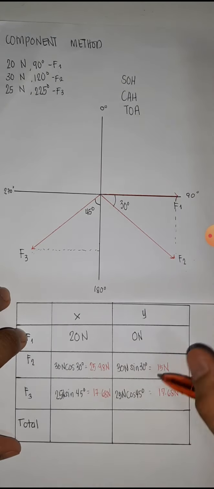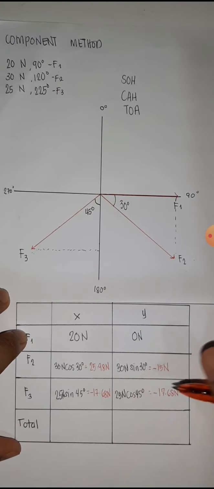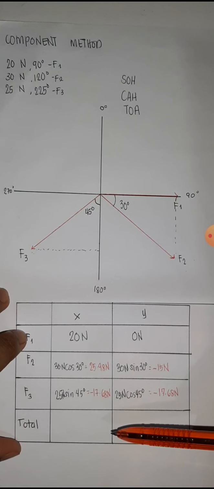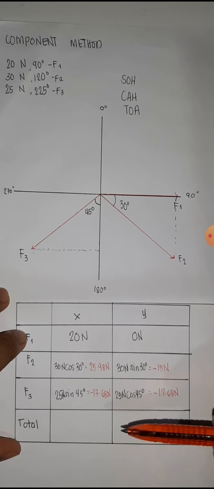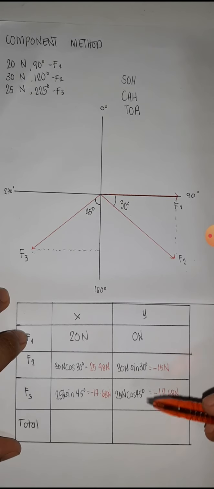For your F3, this is negative y, and this side is negative x. So negative x and negative y. We already have assigned the correct sign for your x and y components, so we're going to add now and get the total.